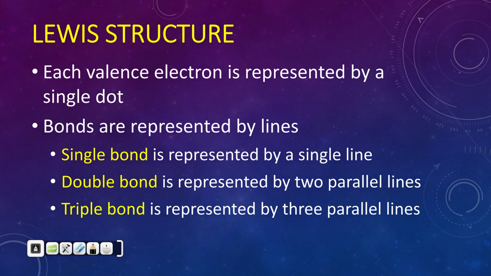So again, a bond is 2 electrons when we're talking about covalent bonds. Double bonds are going to be 4 electrons, but we draw that with 2 lines, and then a triple bond would be 6 electrons being shared between them. So we draw these lines, and each line represents 2 electrons.